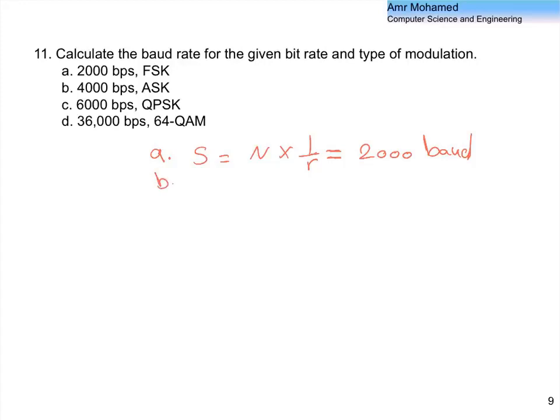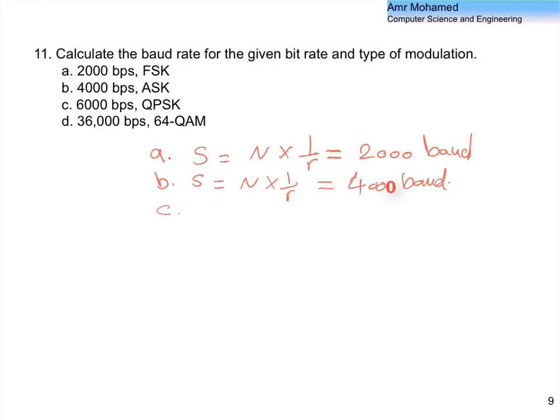For B, S equals N times 1 over r, and for ASK again r is 1, so that's 4000 baud.